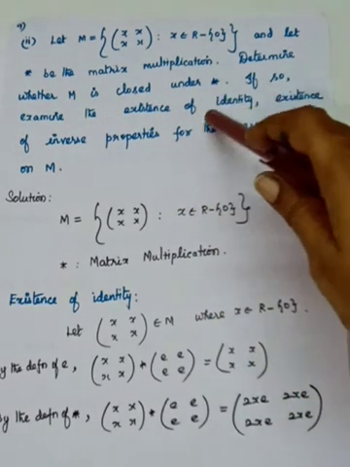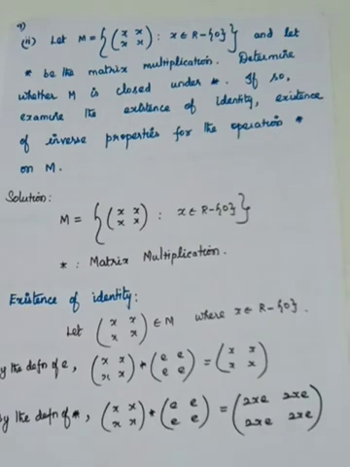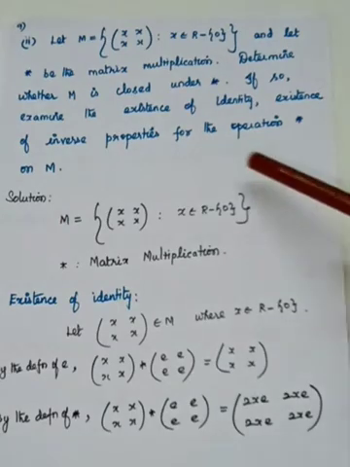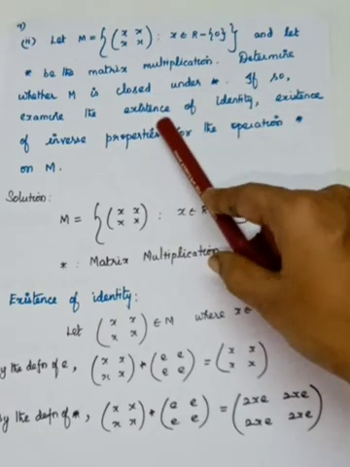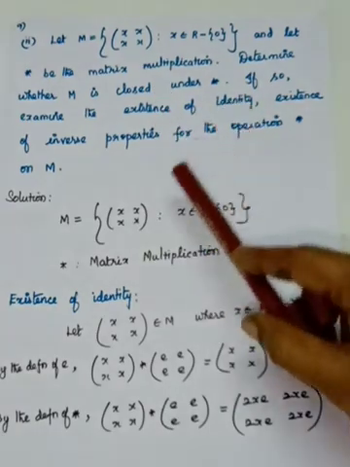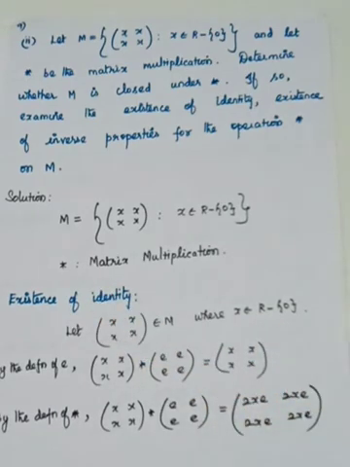If the second subdivision alone is asked, first we have to prove the closure property, then we have to move to the existence of identity and existence of inverse. We have proved closure in the first subdivision, so I am moving to prove existence of identity. You know what the identity property is.